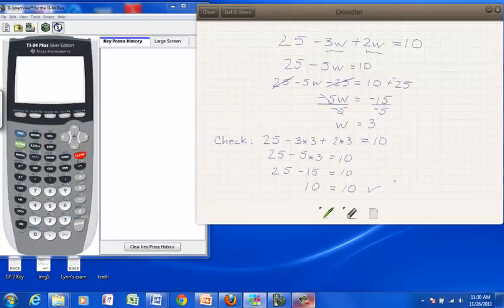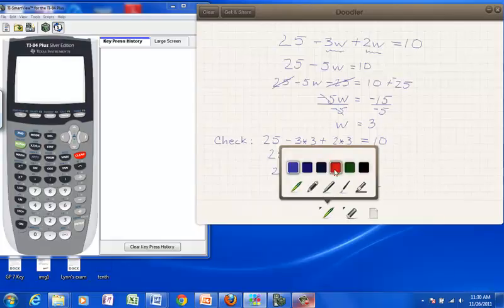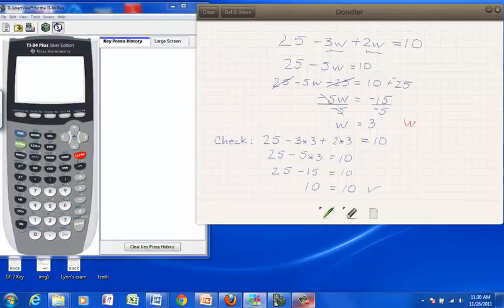Oh, but wait a minute. This was not supposed to check because I said that this answer up here is actually wrong. So how did this check down here? Well, I made a mistake up here when I said negative 3w plus 2w is negative 5w.